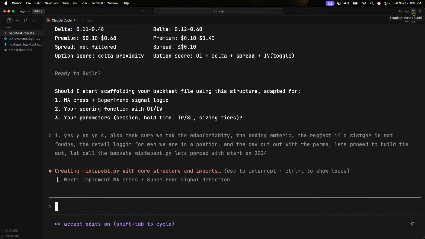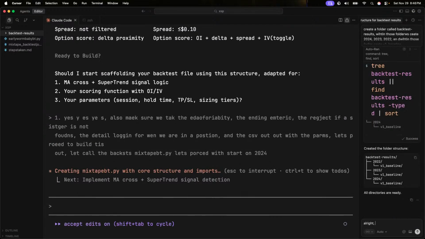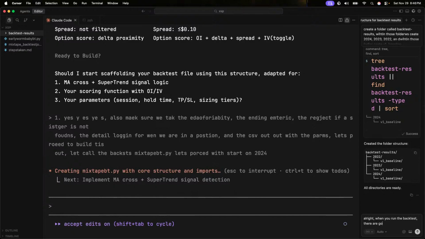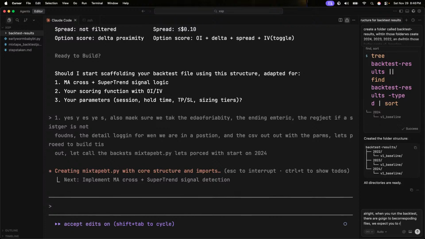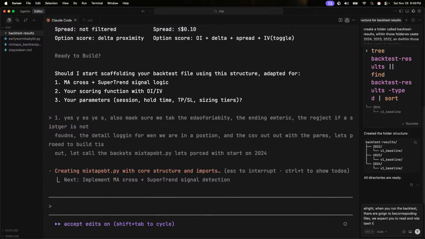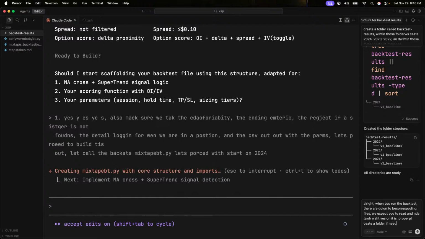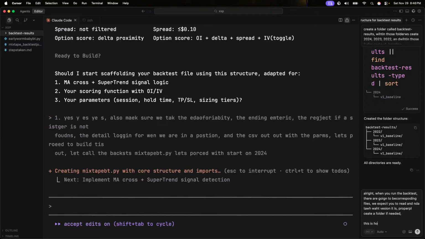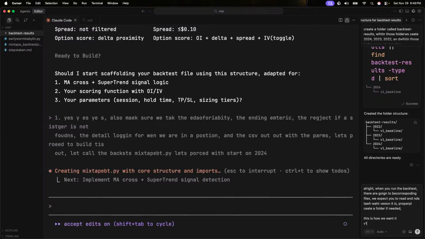Let me just set the stage now. When we run the backtest, there are going to be corresponding files. We expect you to read and understand what version it is, properly create a folder if needed. This is how we want it: V1 version, V for version, and then underscore.